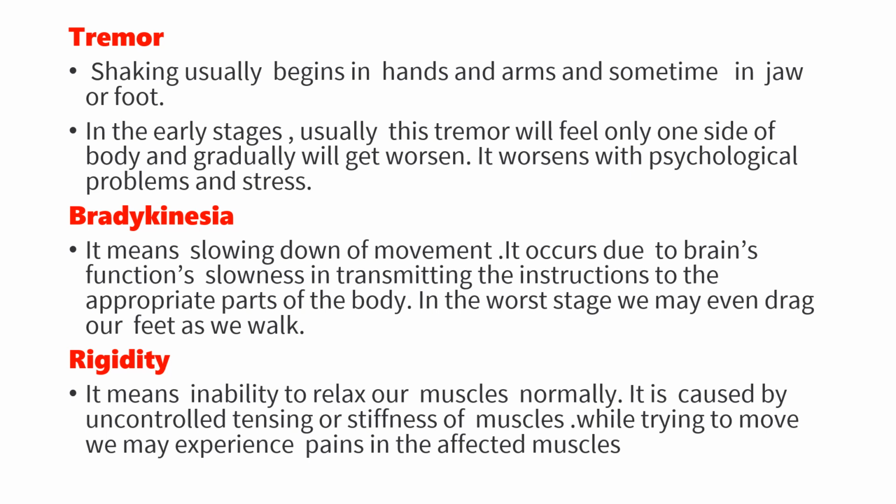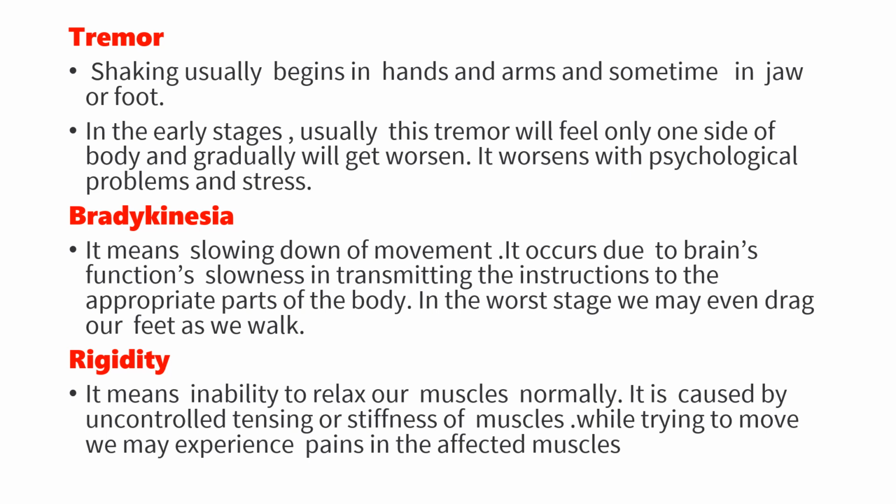It is caused by uncontrolled tensing or stiffness of the muscle. While trying to move, we may experience pain in the affected muscle. That is another characteristic feature. When we try to move and there is stiffness, you may definitely experience pain in the affected muscles. So these are all the major characteristic features of Parkinson's disease.